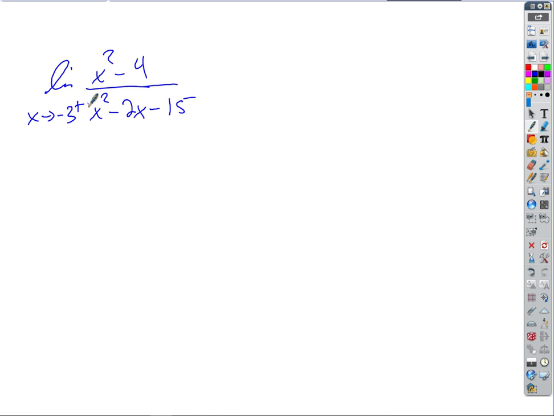So what am I doing with this? Okay, a one-sided limit. I'm taking a limit of a rational function as x approaches negative 3 from the right.